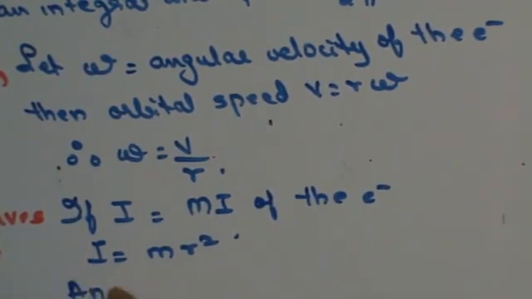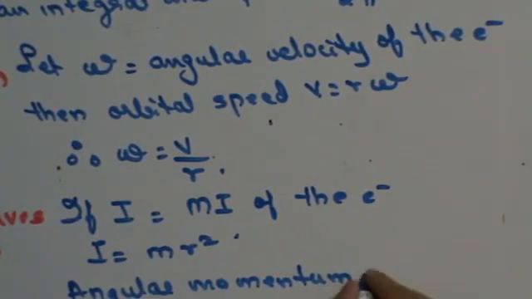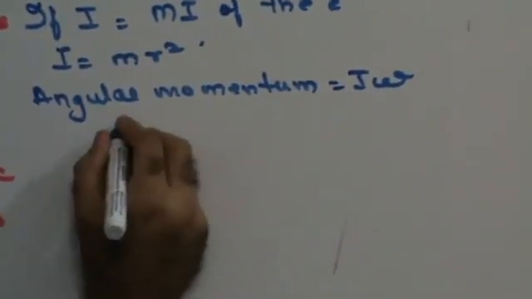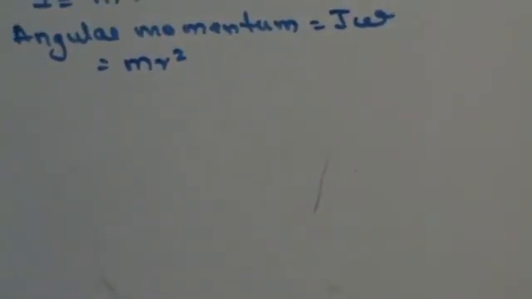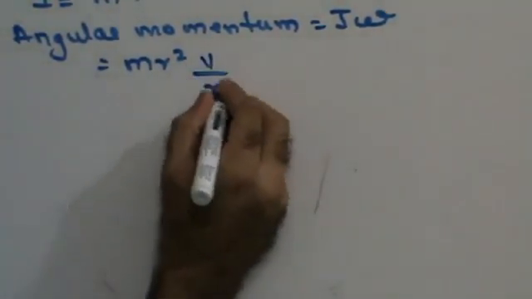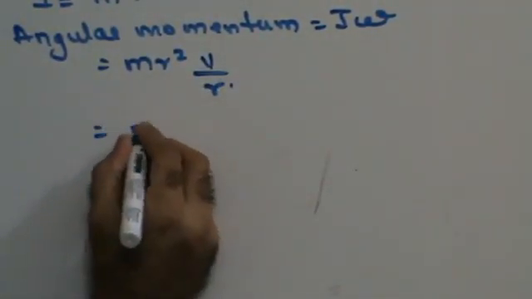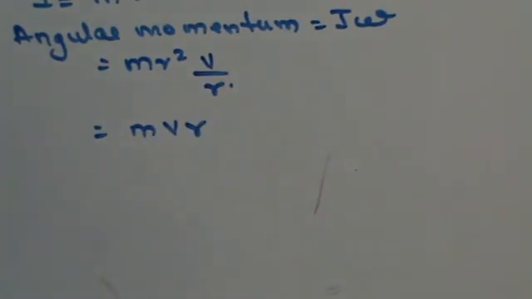Angular momentum is given by the formula I omega. I we found out is mr square, and omega is nothing but v by r. Therefore the angular momentum is going to be mvr.